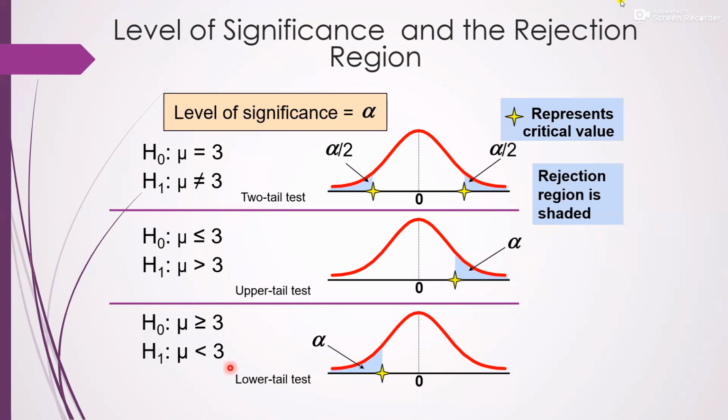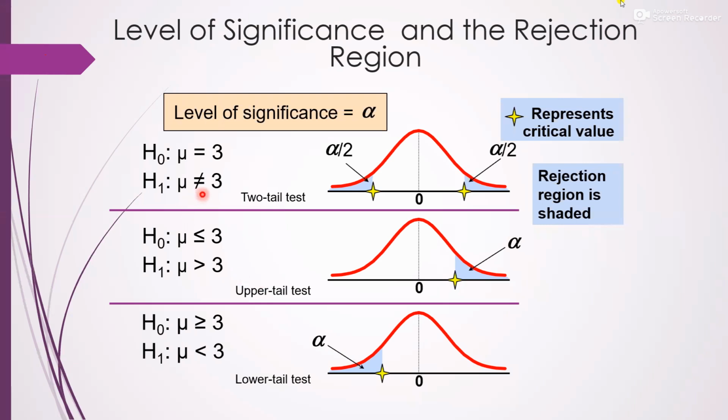And if the alternative hypothesis has a less than sign, then the left tail will be marked, right? The probability of this region is alpha, that is the lower tail, right? So to decide whether it's a two-tail test or one-tail test, you have to look at the alternative hypothesis.